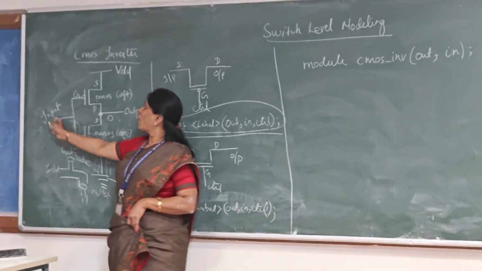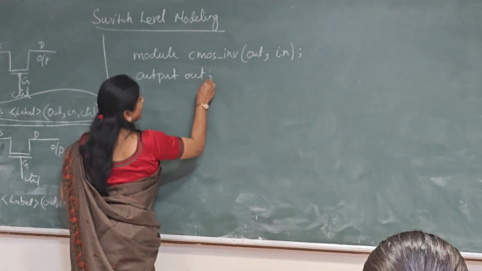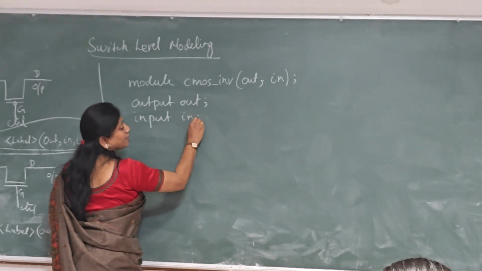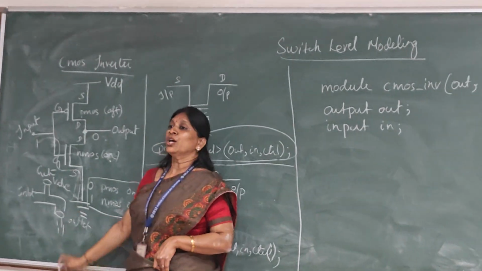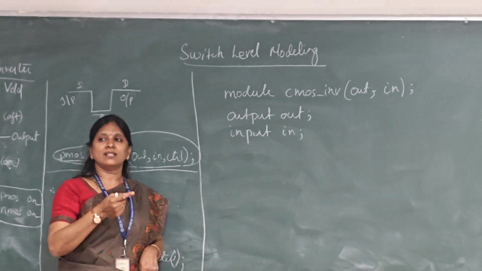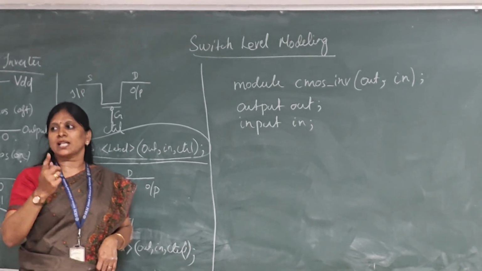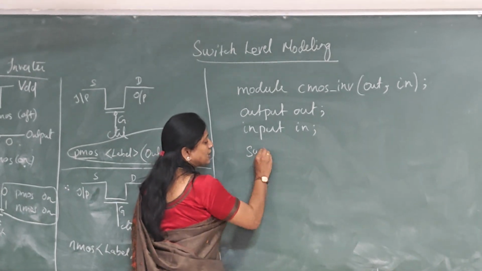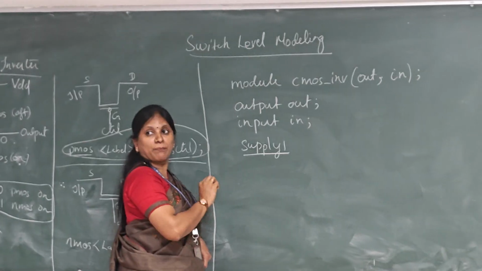So you have separate VDD and ground. Input is in. For VDD and ground, you have to use supply 1 and supply 0. Supply 1 is for VDD, supply 0 for ground. Supply 1 is the reserved word.